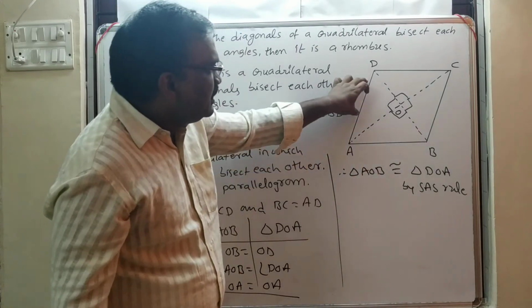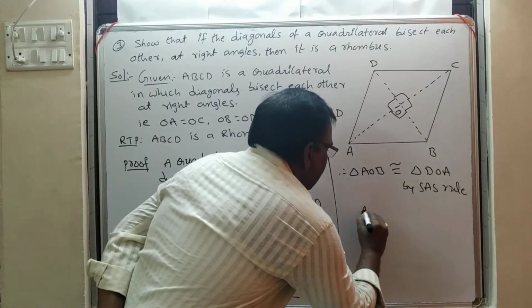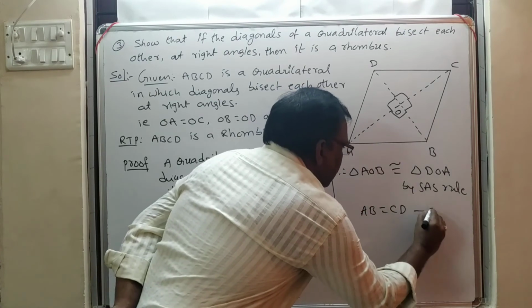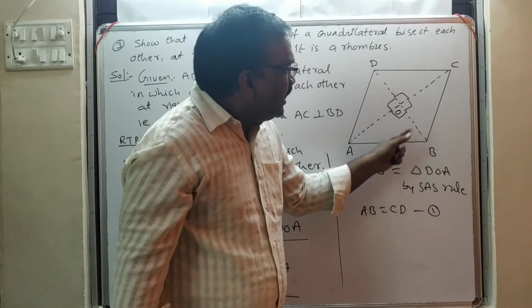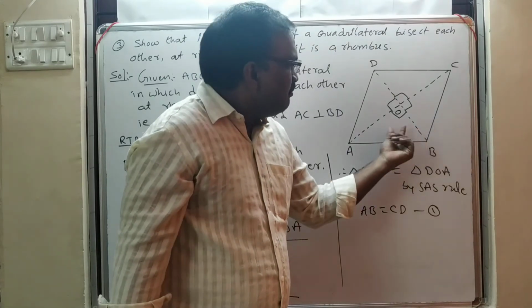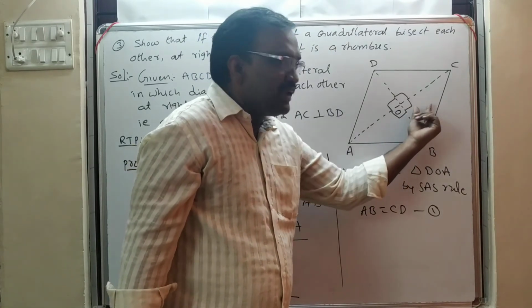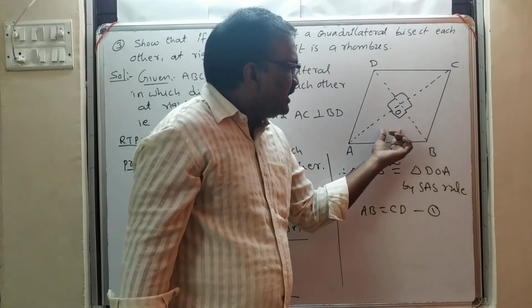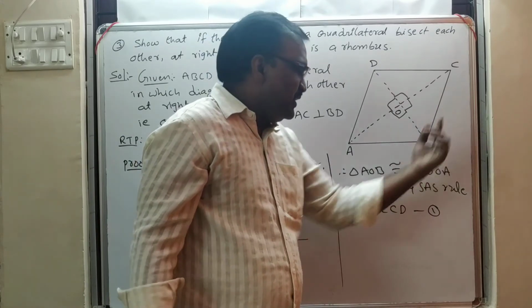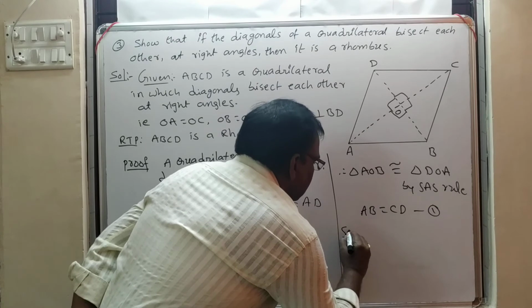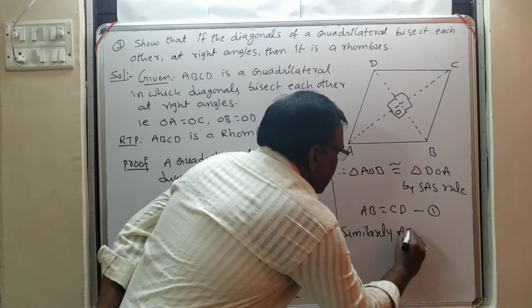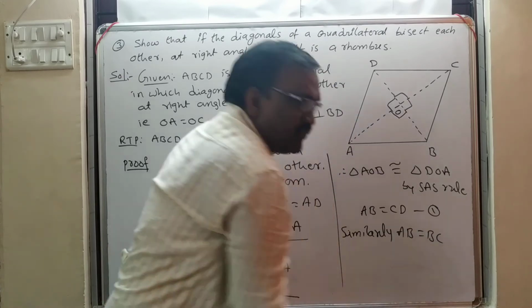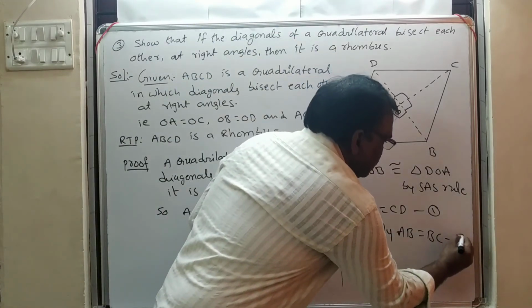So AB is equal to CD. This is one. Similarly, we can prove AB is equal to BC also by proving these two triangles congruent. This is 2.